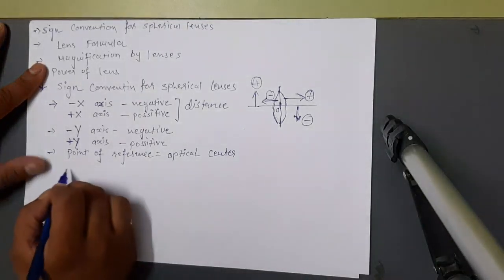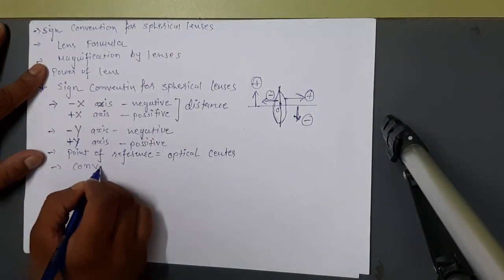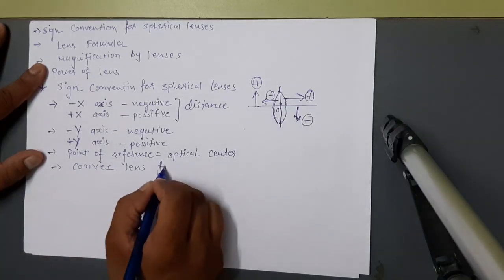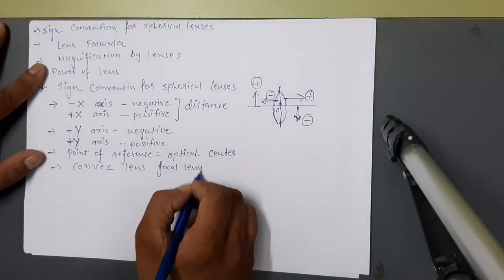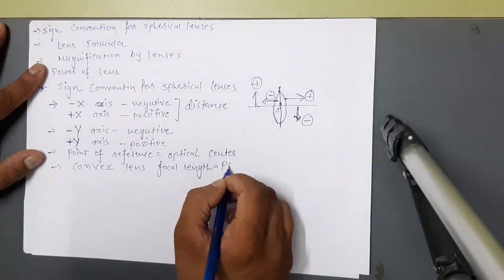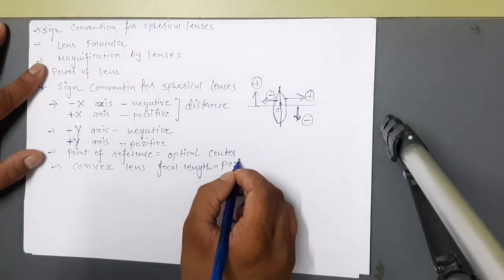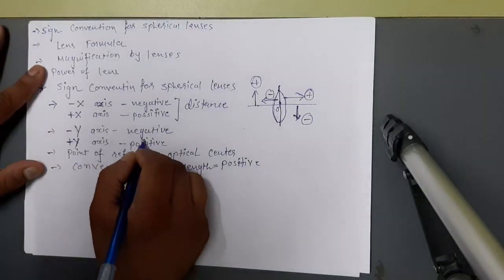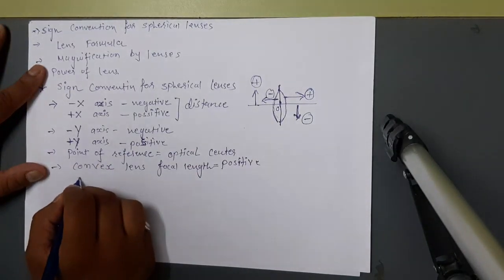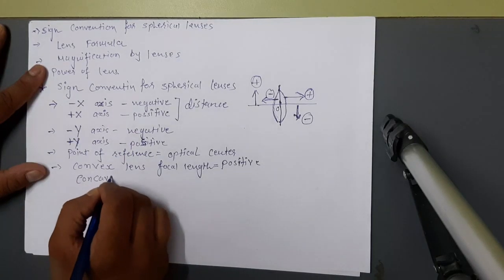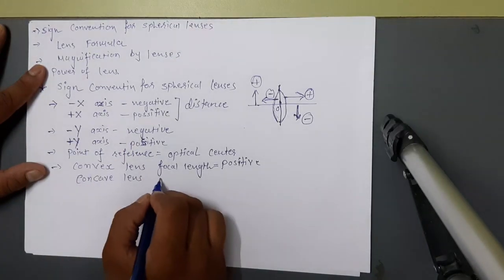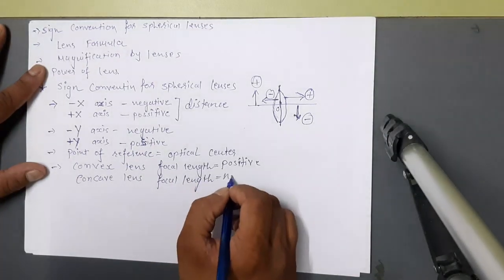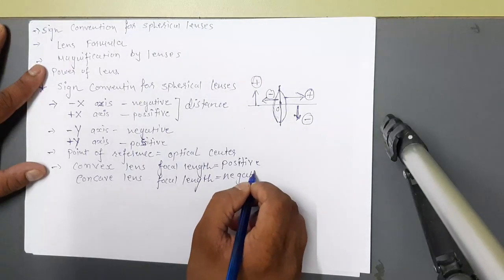Also we must know that the focal length of a convex lens is always positive, and the focal length of a concave lens is always negative.